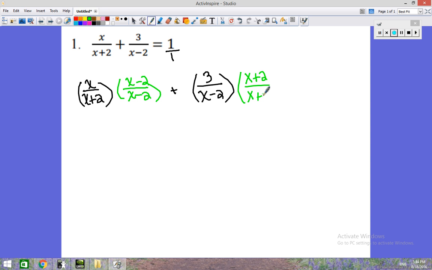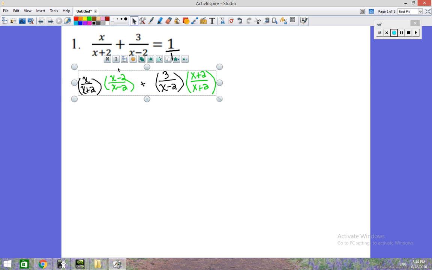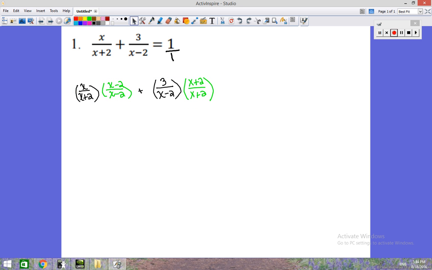So again, what's in green there is the number 1. I goof around and say it's in disguise. Alright. On the right-hand side, we have this number 1, but we're going to rewrite 1 as it's missing both.